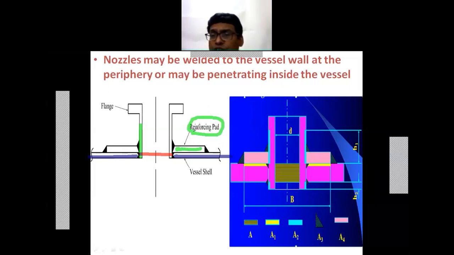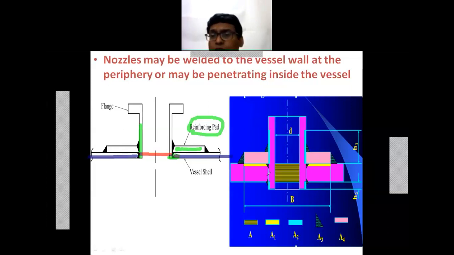In this figure you can see the nozzle attached is up to the vessel shell thickness. The inside diameter of the vessel shell and the inside diameter of the nozzle are the same.